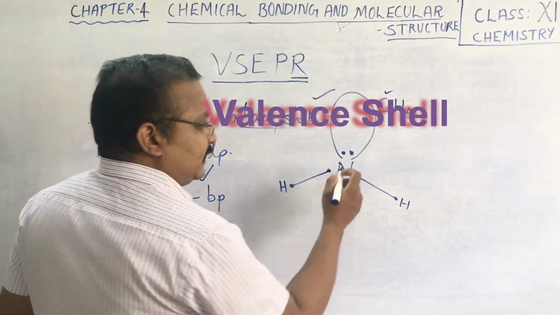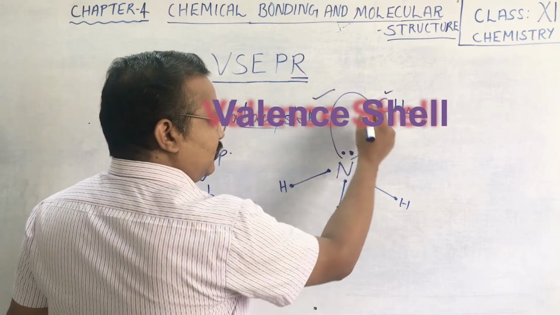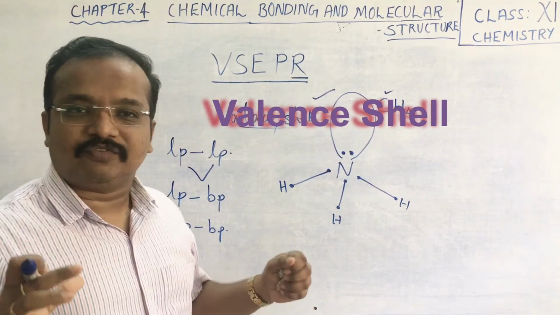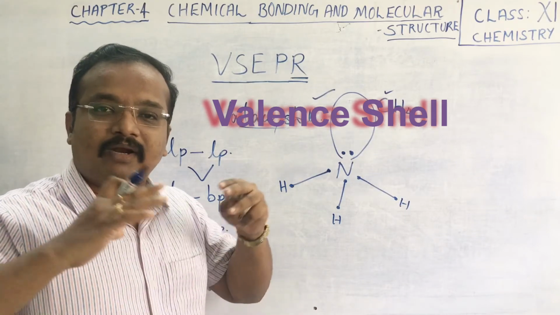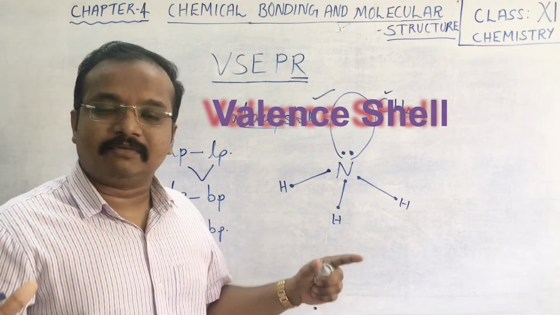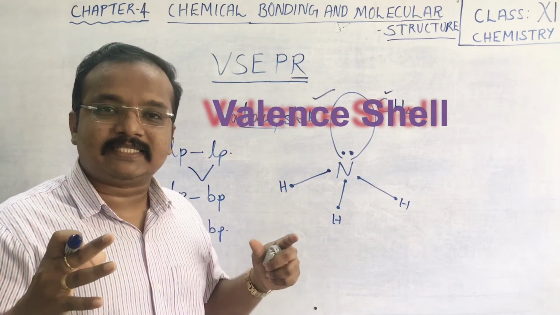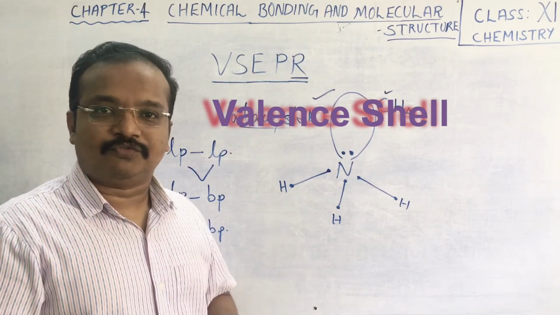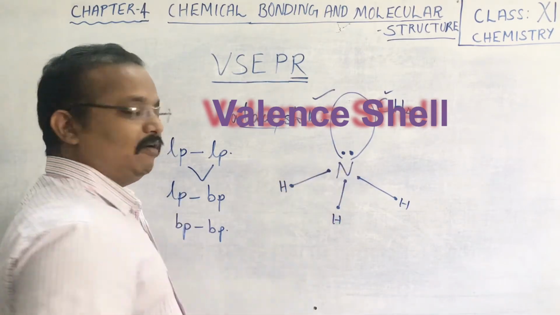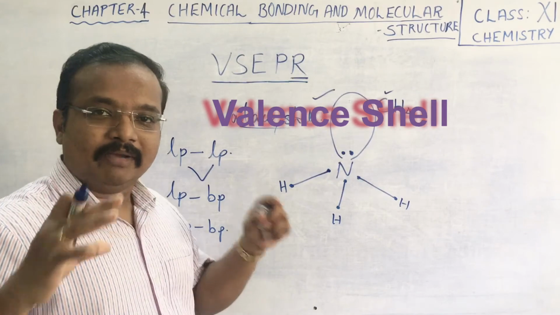According to this theory, because of the lone pair, the other pairs of electrons are repelled to the maximum distances. When they are at the maximum distances, they experience the least repulsive forces. Because of that reason they have a particular bent structure.